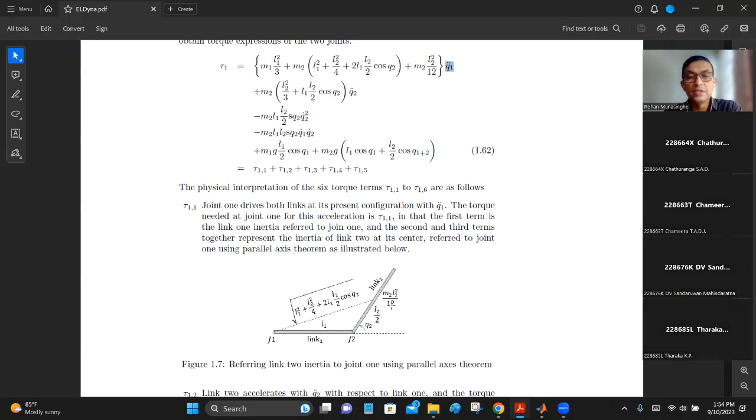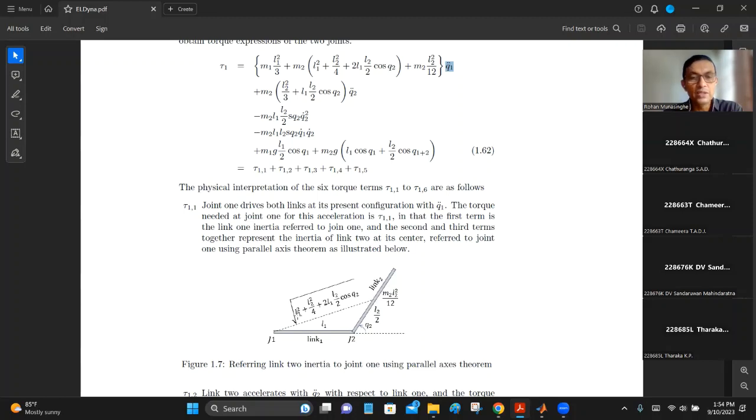And there is this mass here, m2 L2 square over 12, which is the inertia at the center of gravity. What you want to do is, you have this inertia at the center, and then you apply the parallel axis theorem to calculate the inertia over here.